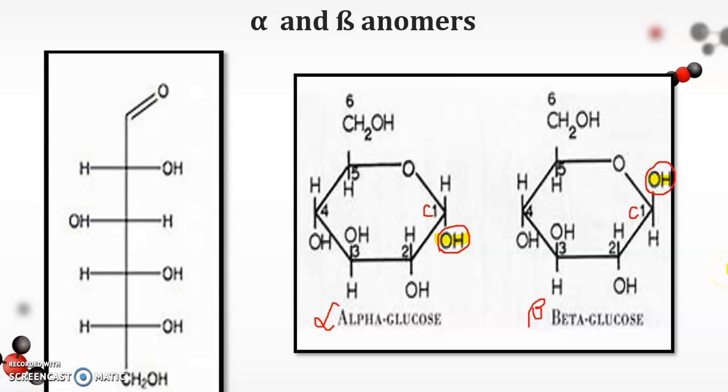This is an example of alpha and beta anomers. The ones being highlighted are the hydroxyl groups. For the alpha glucose, the hydroxyl group is placed below. For the beta, the hydroxyl group will be placed on top. This will be on the C1 of the pyranose ring.